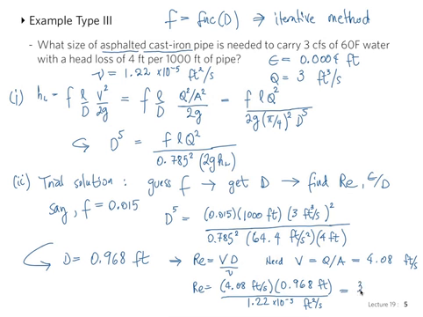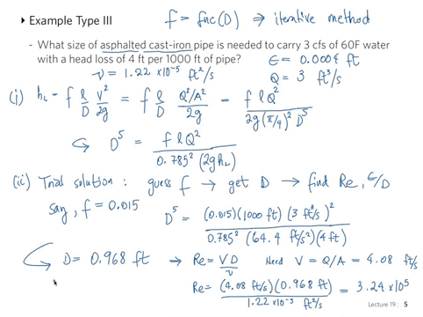What do you get? You have it? Three, 10 to the fifth, okay. Good. It is definitely turbulent.